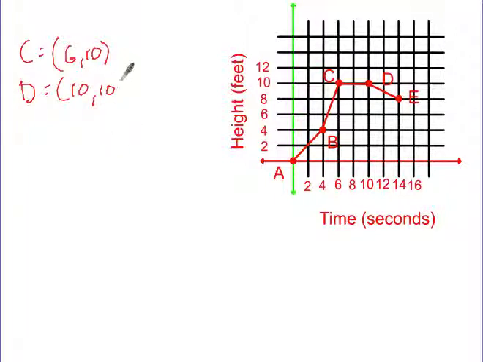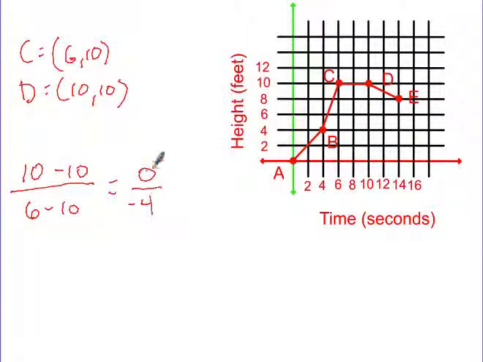So let's plug those numbers into the formula. 10 minus 10 over 6 minus 10, which is 0 over negative 4. Anytime you have 0 divided by a number, what do you get? 0. So the rate of change is 0. A horizontal line has no change, no rate of change.